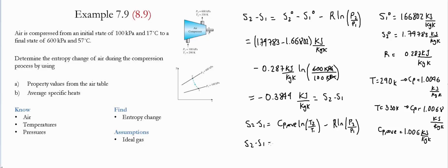Now we take this value and we substitute it over here. S2 minus S1 is equal to 1.006 kilojoules per kilogram Kelvin. The natural log between the two temperatures, once again they have to be done in Kelvin, so it's 330 Kelvin divided by 290 Kelvin, minus the same component that we had in the previous step, 0.287 kilojoule per kilogram Kelvin, natural log of 600 kilopascal over 100 kilopascal.